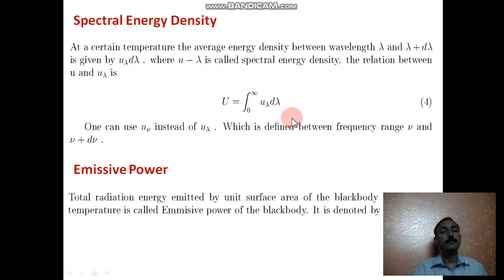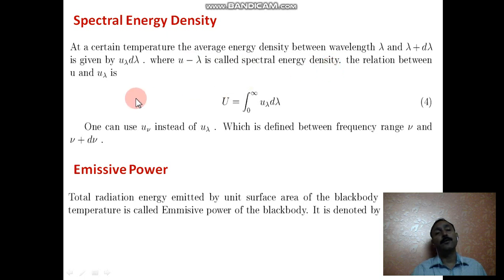Spectral energy density. These are certain definitions. They will be required later on. At a certain temperature, the average energy density between the wavelength range lambda and lambda plus d lambda, where d lambda is very small, is given by U suffix lambda d lambda. That means U is dependent upon lambda, where U lambda is called spectral energy density.